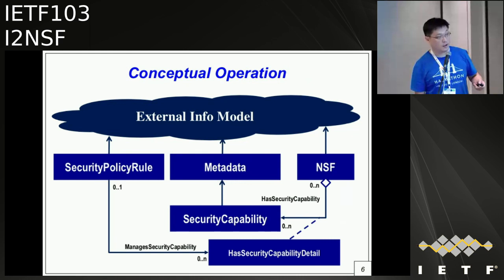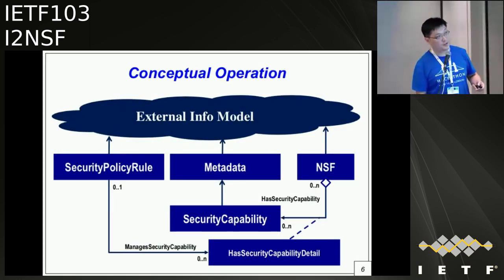But one point I want to mention is that we are considering using the decorator pattern for our information model and data model, because it may help the policy to be more dynamic and managed flexibly. What is a decorator model? It's a classical class model in model design.